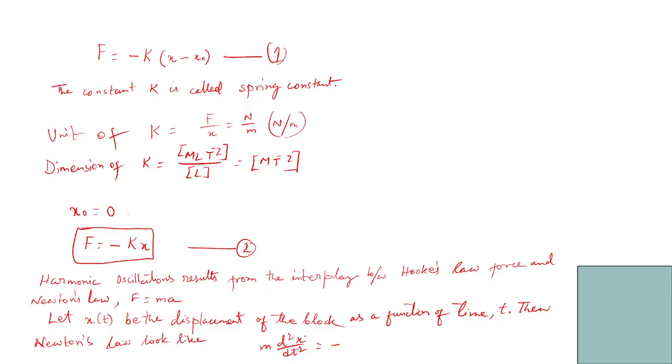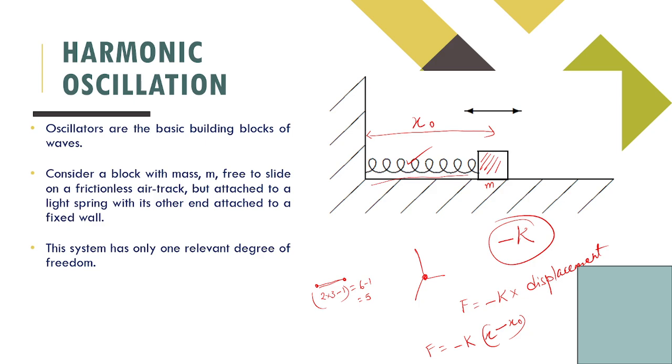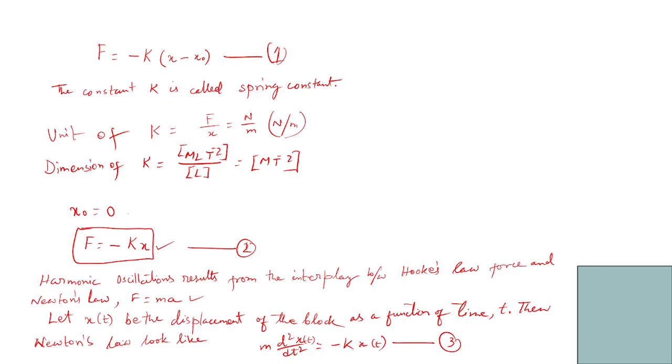By combining this and this, clear? This can be taken as equation number 3. So we are getting an equation of this form, that is m d2x/dt2 equal to minus kx.